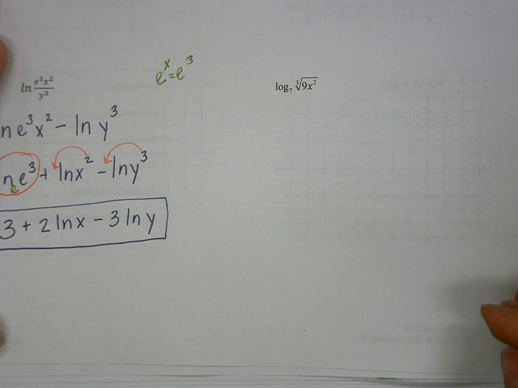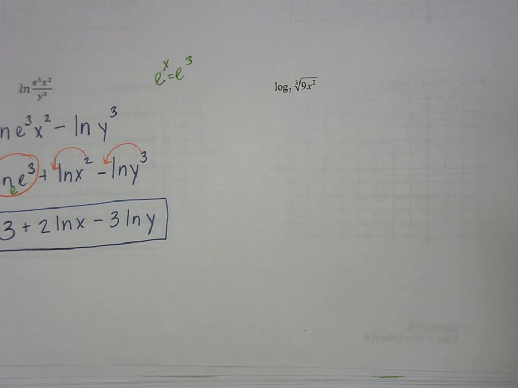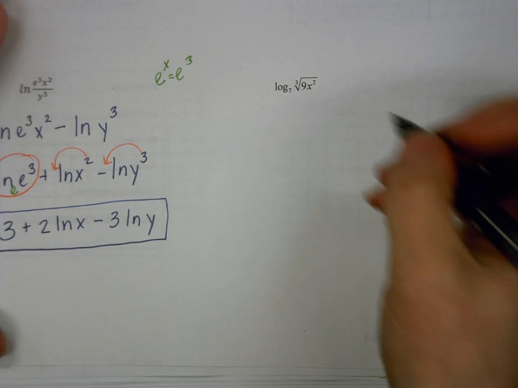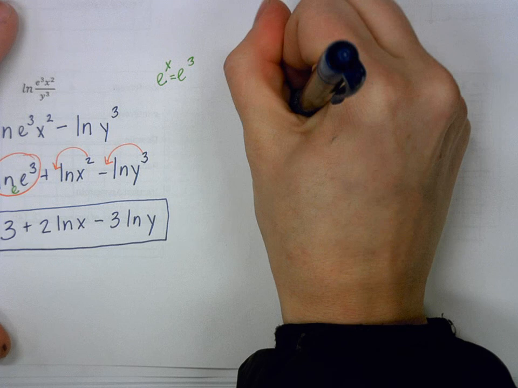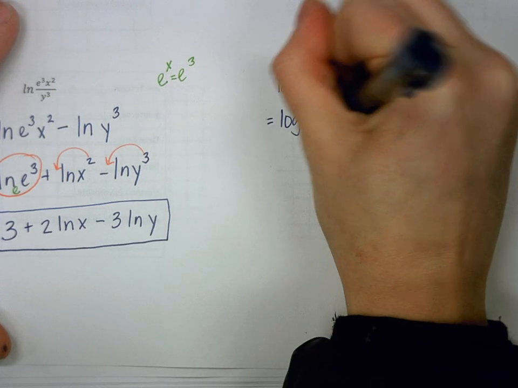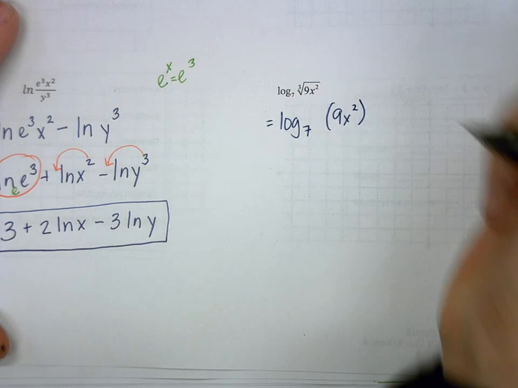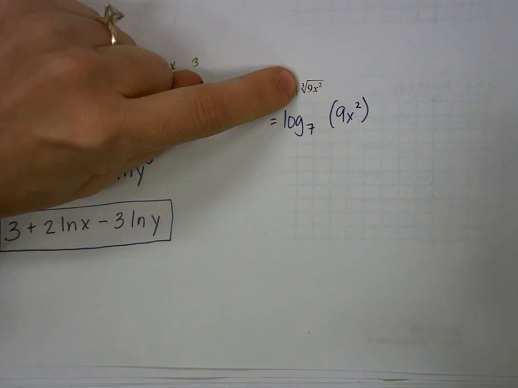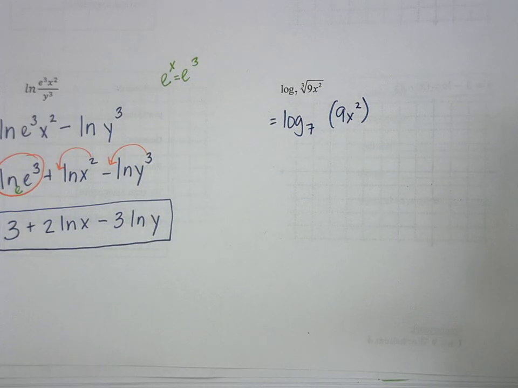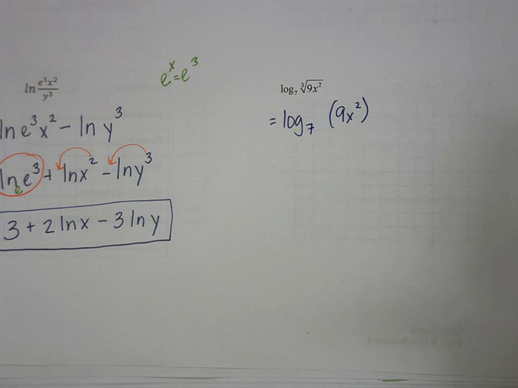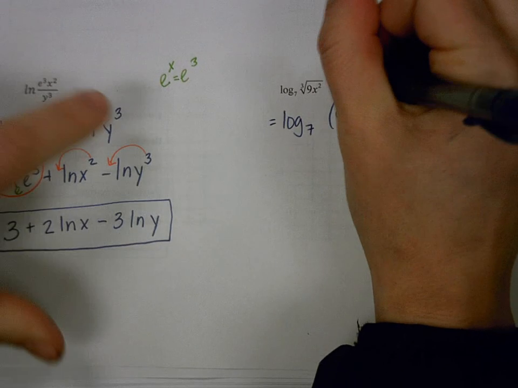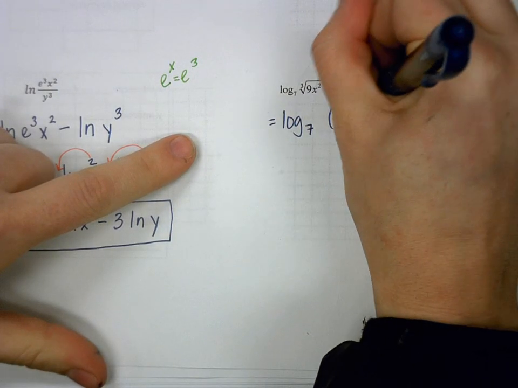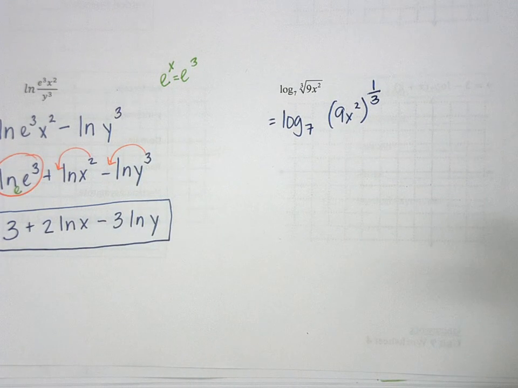Moving to the right. All right, before we do anything, let's rewrite the radical as an exponent because everything should be in exponential form. What exponent is the cube root? So if this is 9 to the first, and then your denominator is 9x squared to the first.